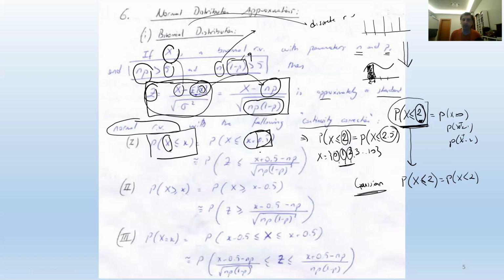So what we do is we take x plus 0.5 here, and we write here the expected value and the standard deviation, or variance, actually the square root of variance is the standard deviation. The approximation here in the binomial distribution, probability of x smaller than or equal to x, will be approximately equal to the probability of the standardized random variable z smaller than or equal to (x plus 0.5 minus the mean) over the standard deviation.